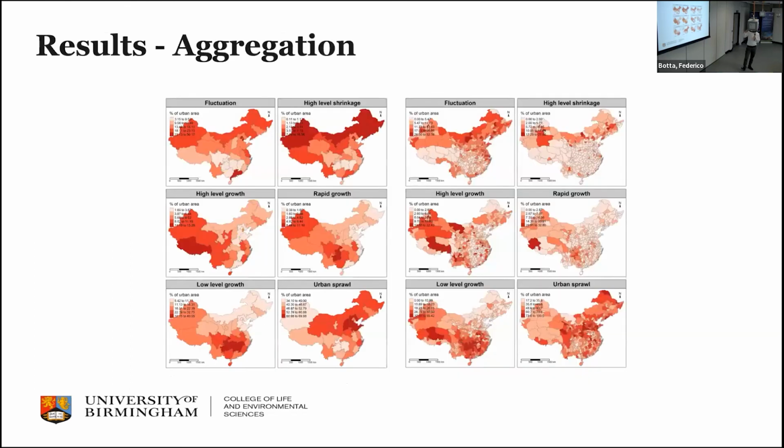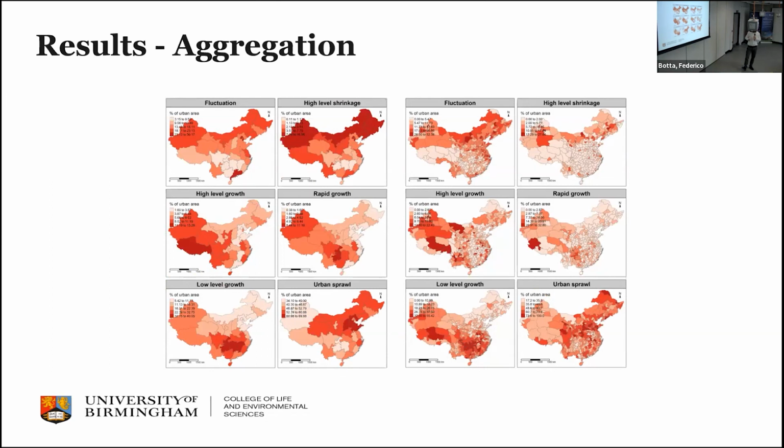And then we can aggregate it up by taking the average. So you can look at regions that typically have high-level shrinkage in the city. Northeast China, as expected, where most of the industrial areas are located, tends to be the region that experiences high-level shrinkage. Rapid growth is another example, where around Chongqing you're expecting rapid growth, and that's exactly what we're seeing.